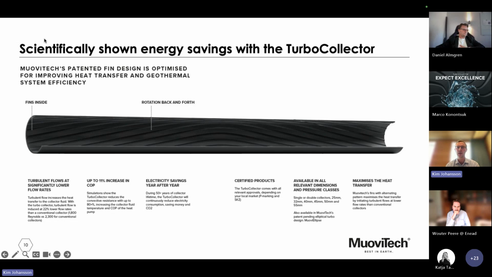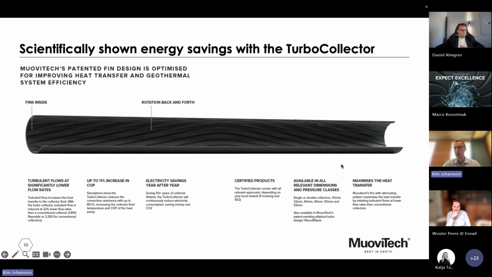And it's also available in a product that we are calling Muovitech. And in the Muovitech version, you could also go up to 63 millimeters. Muovitech is, as it sounds, a little bit elliptic collector that we hope we could present to you further on.